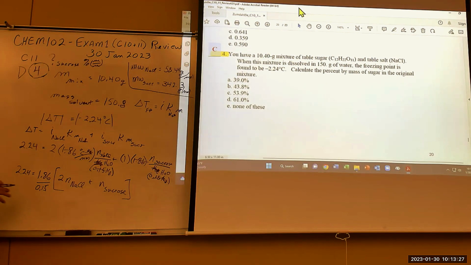Okay. So let's put these on this side. So it'd be 2.24 times 0.15 divided by 1.86.